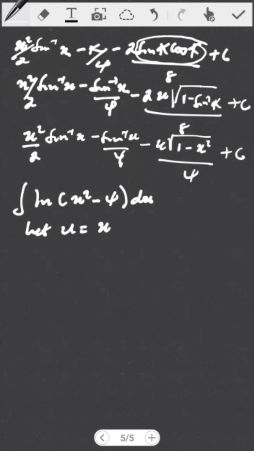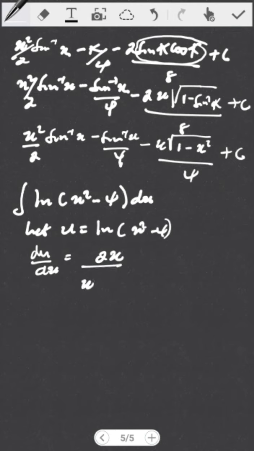Let's say u is ln of x squared minus 4. If I differentiate this, using natural logarithm integration, du/dx is going to be 2x all over x squared minus 4.